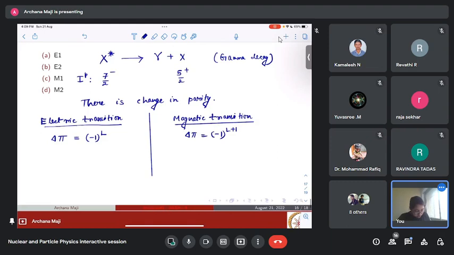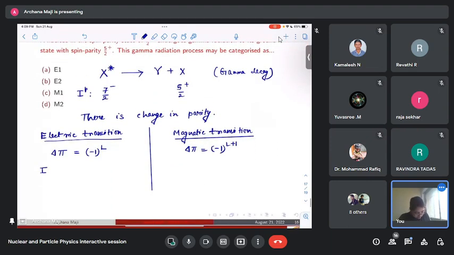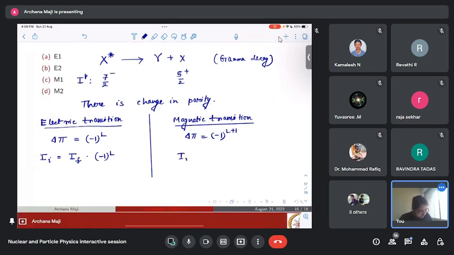So parity initial is equal to parity final times minus 1 to the power L here, and here parity initial is equal to parity final times minus 1 to the power L plus 1.